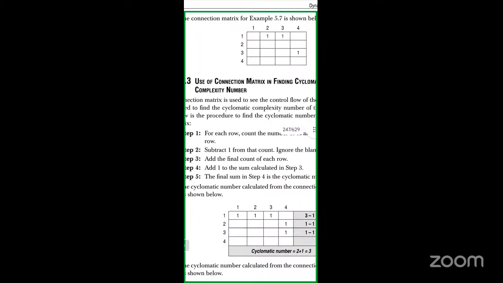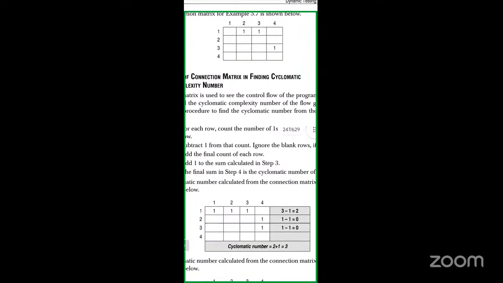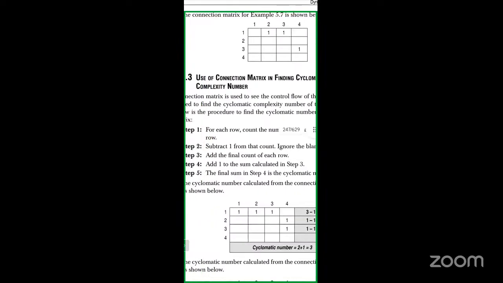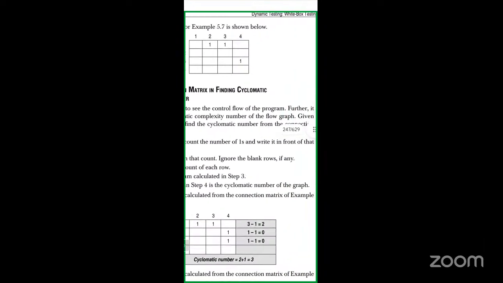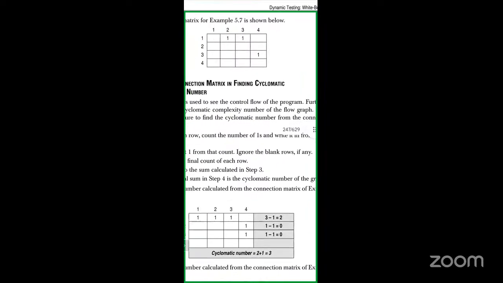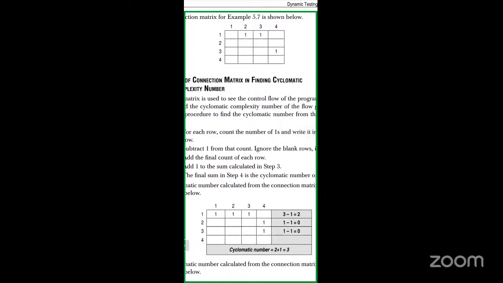Then subtract 1 from that count, ignoring the blank rows if any. In the first row for the 5.6 diagram, we are having three ones, that is three connections, so 3 minus 1 is 2. For the second row, 1 minus 1 is 0. And for the third row, 1 minus 1 is 0.